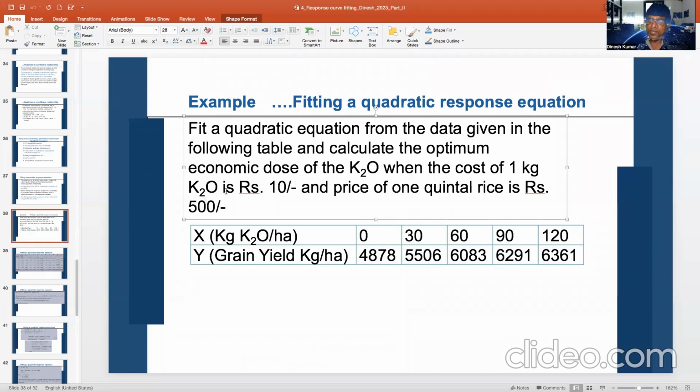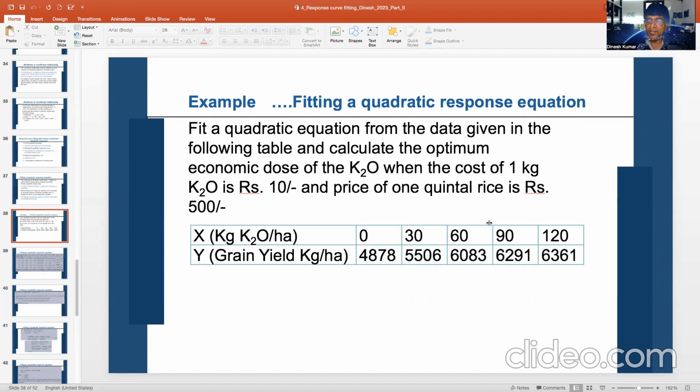Suppose this is your data, if this data is given in tons, if you convert this data in tons, say 4.878 tons, 5.506 tons, 6.083 tons, and so on. So if the data is in tons, then you need to consider price also in tons. So now if you have 5 rupees for 1 kg, then it will be 5,000 rupees for 1 ton.